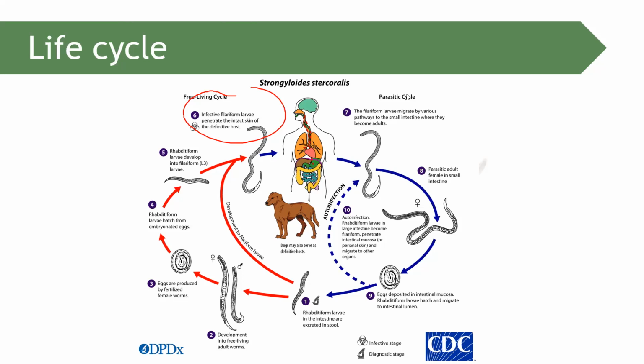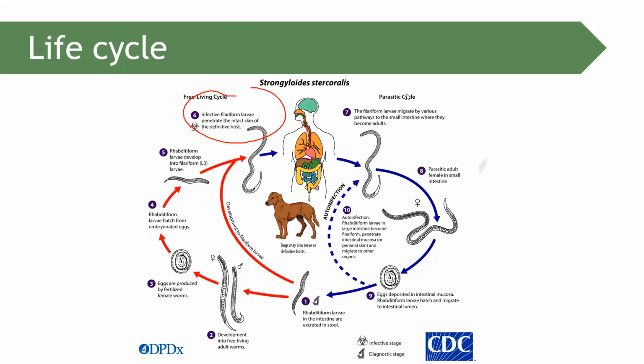Okay. Once the Filariform of your Strongyloides stercoralis, or the threadworm, penetrates the skin, ano yung mangyayari? It will migrate into various pathways of the body, leading to the small intestine where it matures into adult form. Small intestine.